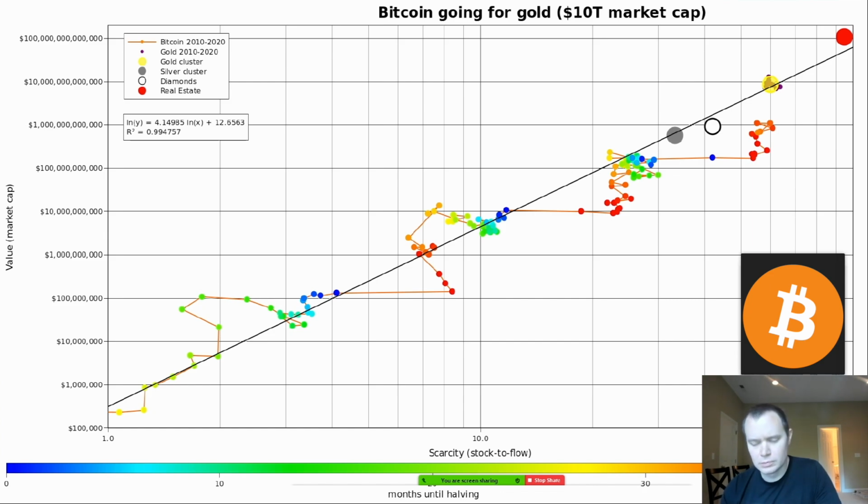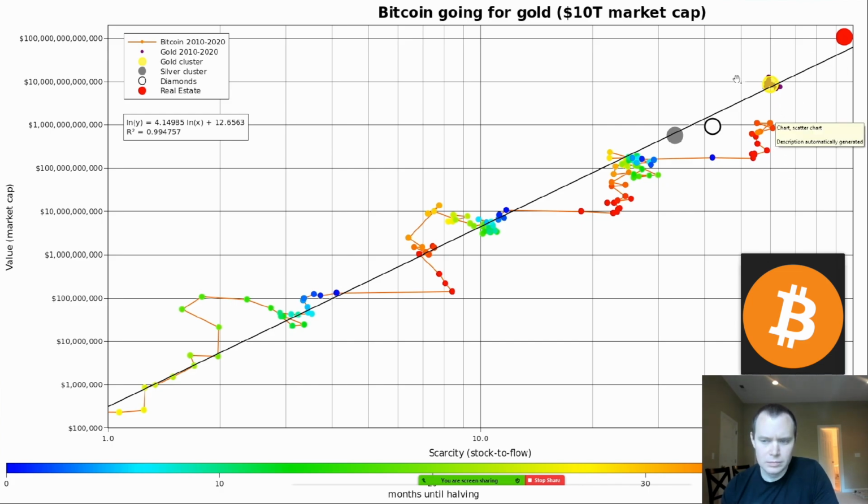And I later extended that into the stock to flow X, the cross asset model, and that's also in this chart, because you can see the bigger dots in the upper right corner, and that's the silver market, the diamond market, the gold market, and all the way up right, the red dot is the real estate market.